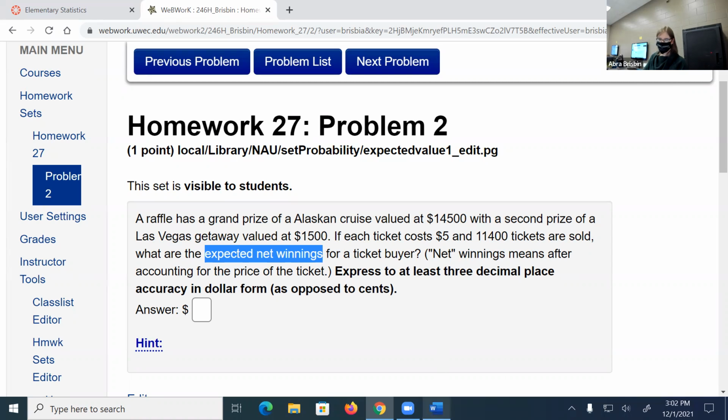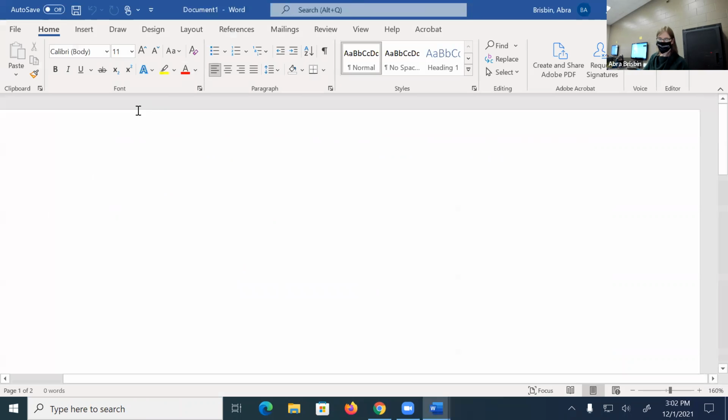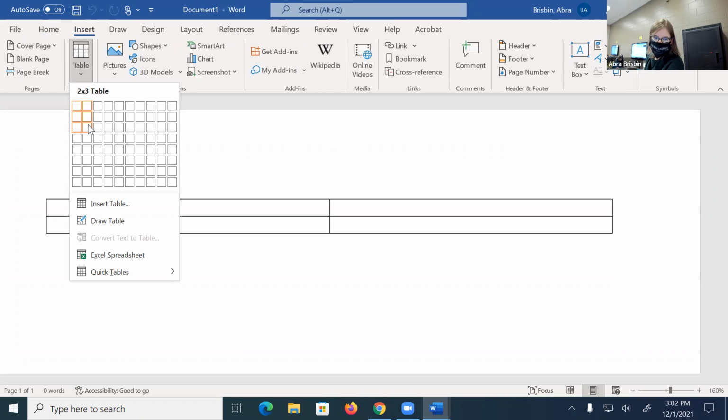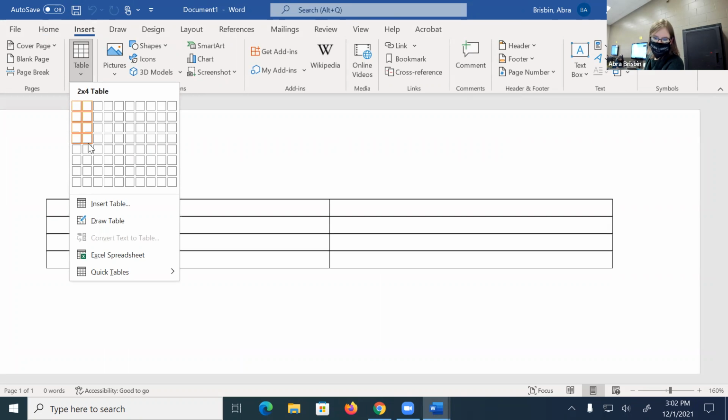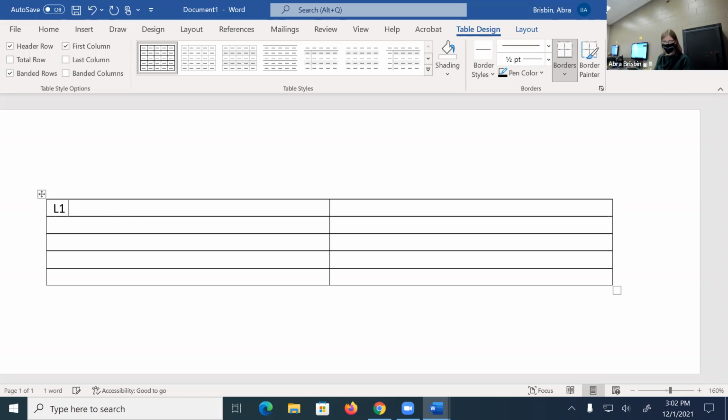So the way to do this, I'll start a fresh document in Word, is to use L1 and L2 to create a table. So here we can let L1 be the prize and L2 be the probability.